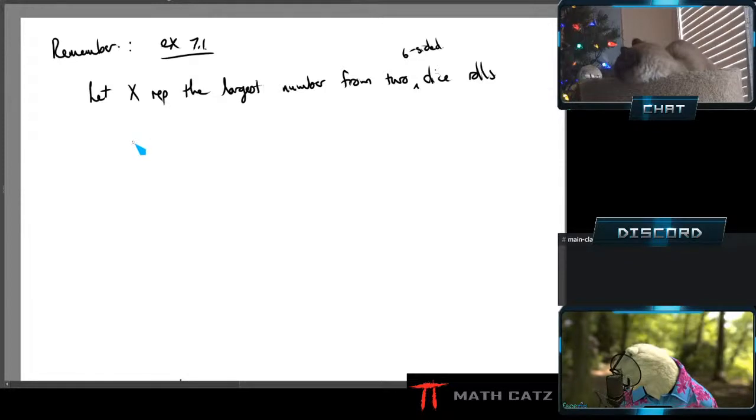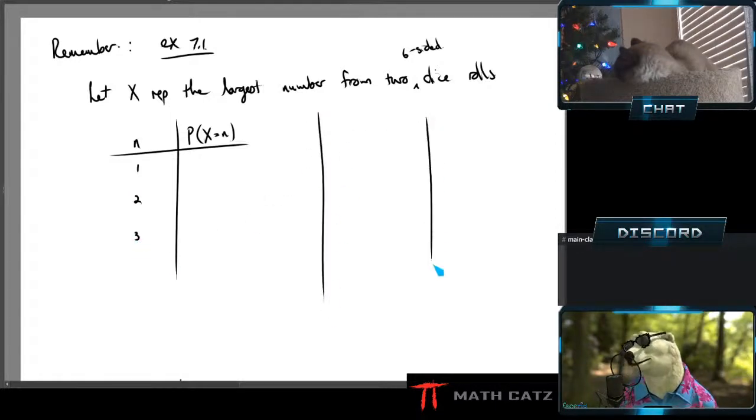I had my probability distribution. Let's say here, I'll just shorten it because we did do it. Probability X equals a number. And I had values 1, 2, 3. I'm actually going to do two tables here because I don't want it to be too long. We've done it before. I'm just remembering. 4, 5, and 6.